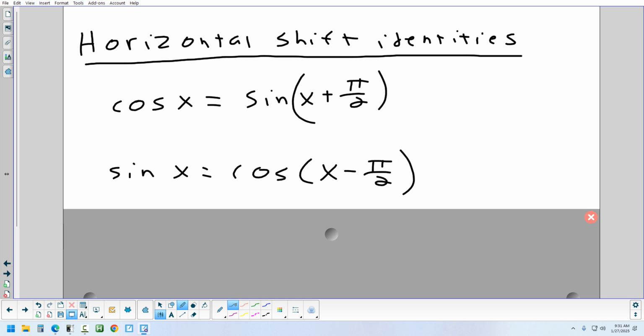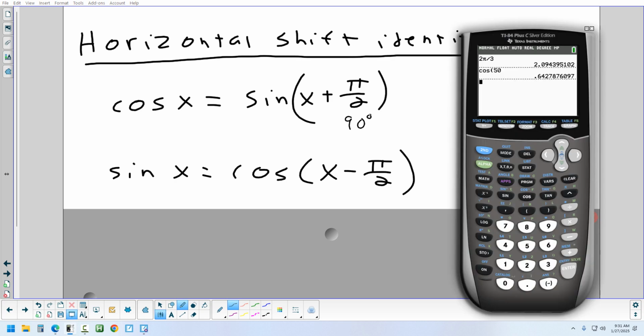Is it 30 degrees? No, that's pi over 6. 45 degrees, right? That's pi over 4. 60 degrees. That's pi over 3.